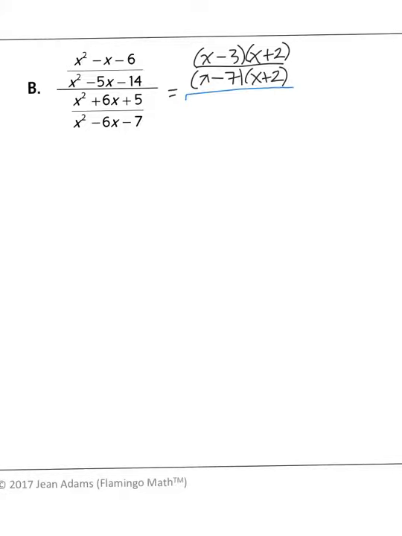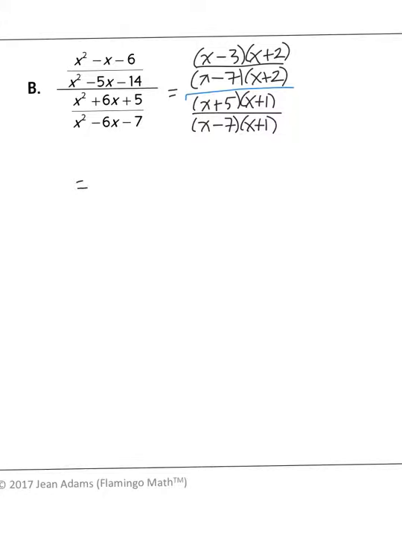All of that divided by my numerator would be x plus 5, x plus 1, divided by x minus 7, x plus 1. So then I'm going to keep change flip.